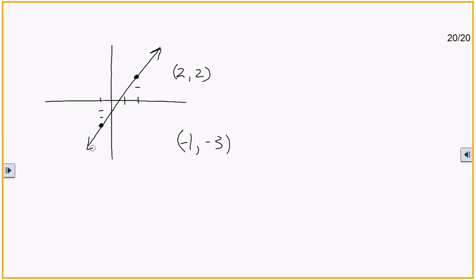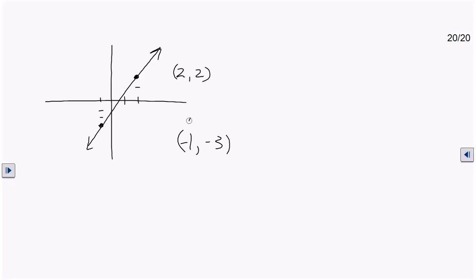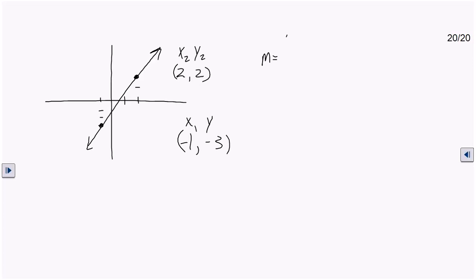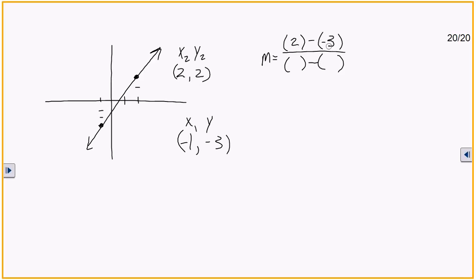You should be able to find the slope of that line. This is x sub 1, y sub 1. This is x sub 2, y sub 2. And that's m is equal to y sub 2 minus y sub 1 over x sub 2 minus x sub 1. Y sub 2 is 2. Y sub 1 is -3. X sub 2 is 2.